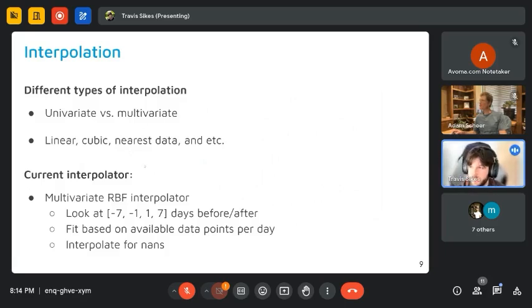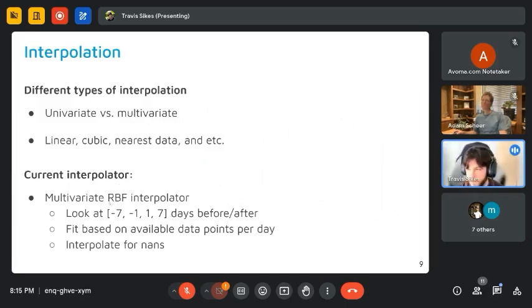What we have currently decided upon is still a bit of a work in progress. We want to make it as good as possible because this does affect the model, but it's also not a highly critical component. Mostly this is about computation time. The one that we have decided upon right now is a multivariate RBF interpolator.